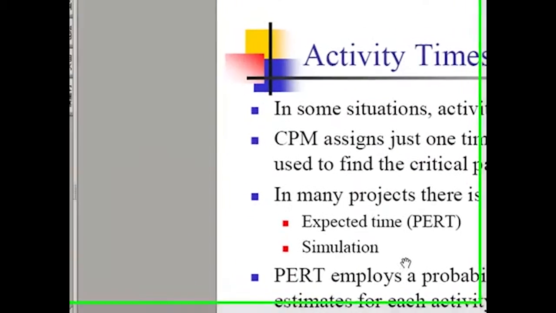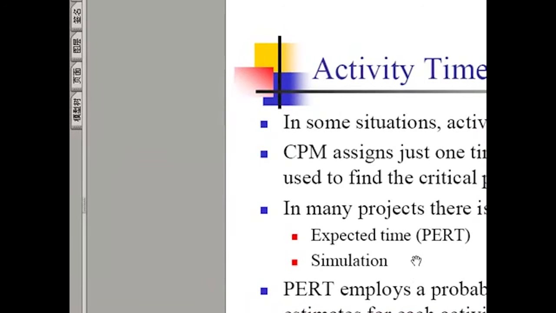And also we say most of the time, the duration times for each activity are not fixed, not constant values. If we separate each activity into sub-activities, there are many uncertainties embedded in activities in projects.